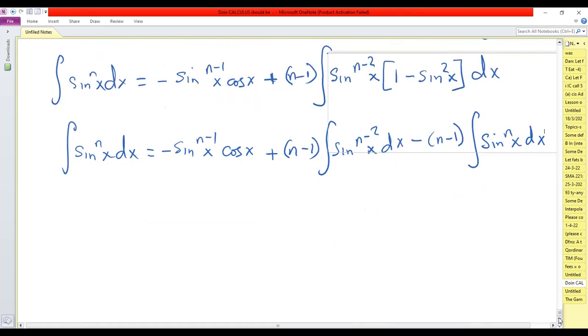Now you see the last term in this integral on the right hand side had the same integral value as what is on the left.